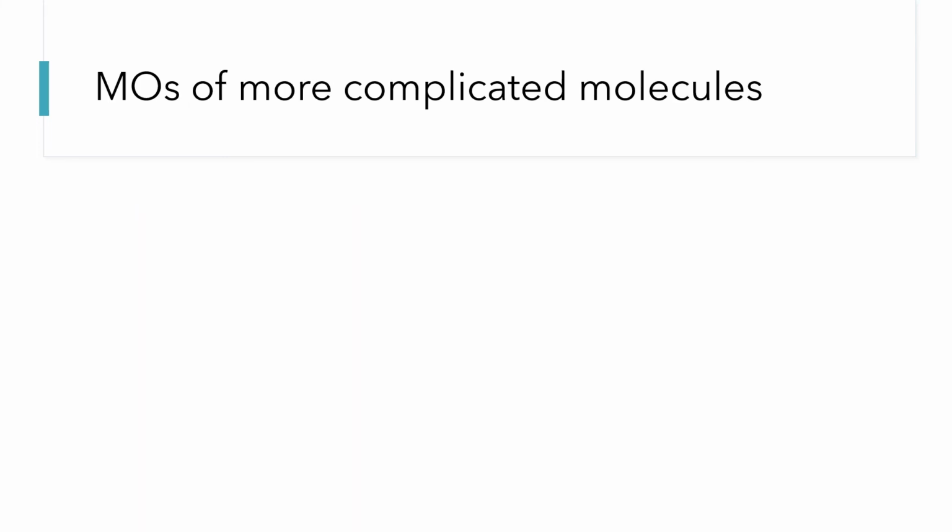Before we conclude, I wanted to just give you a taste of some of the molecular orbitals from some more complicated molecules. I'm going to start here with ozone, O3. We know we're going to need resonance or molecular orbital theory to describe the bonding in ozone because we have to draw resonance structures for it.